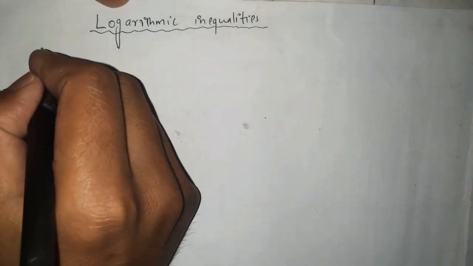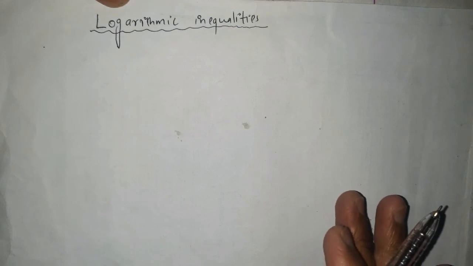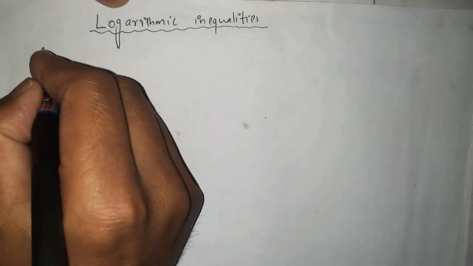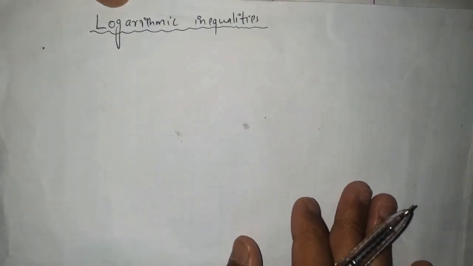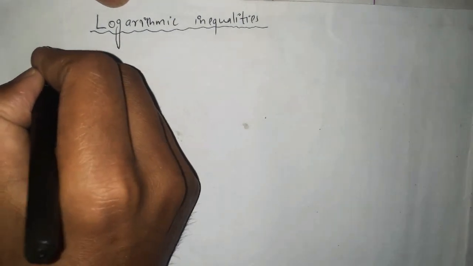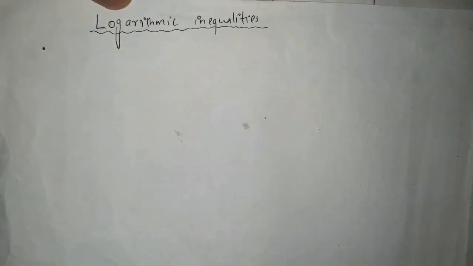While solving logarithmic inequalities, we have to remember these points. Please remember this point. First of all, writing the points to be remembered while solving logarithmic inequalities. These points are very important.